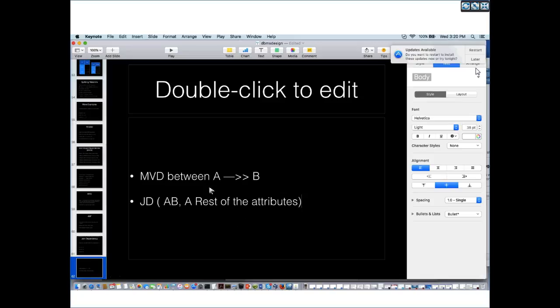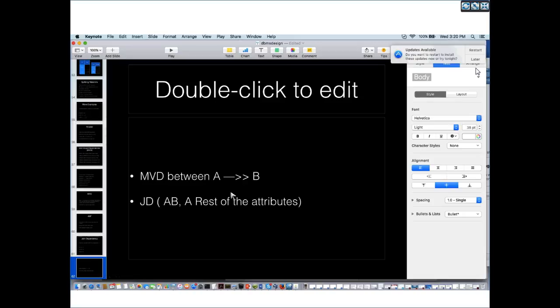As you can see here, AB gets represented in one, and A and the rest of it will come as the rest of the attributes. And now you can easily see that an MVD can be expressed as a join dependency. If there is a join dependency, you can split the relation into RAB and RAC.